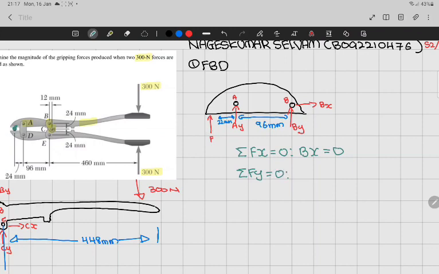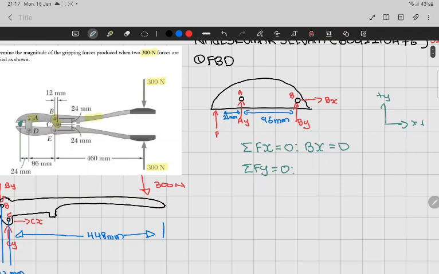The force acting in direction Y is moving towards upward, so it's basically positive.